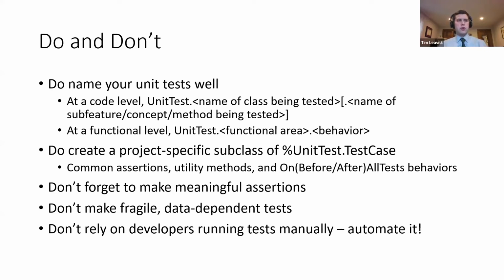And then on after all tests, and to be extra safe, in %on close as well, the destructor for the object, it will roll back to the initial transaction level. So what that'll do is say any data that is created during the test will be cleaned up at the end.